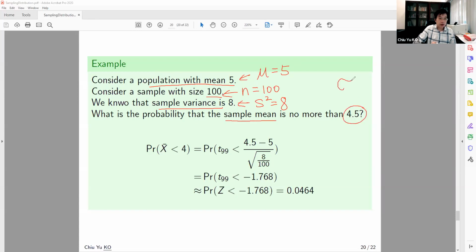If we knew sigma squared, then we could apply the central limit theorem, but we don't. So it turns out we need to rely on the T distribution.